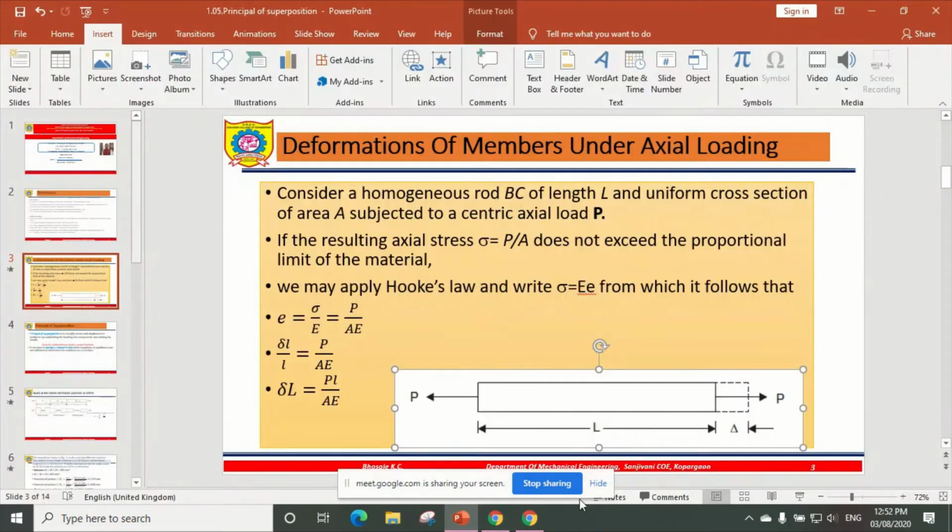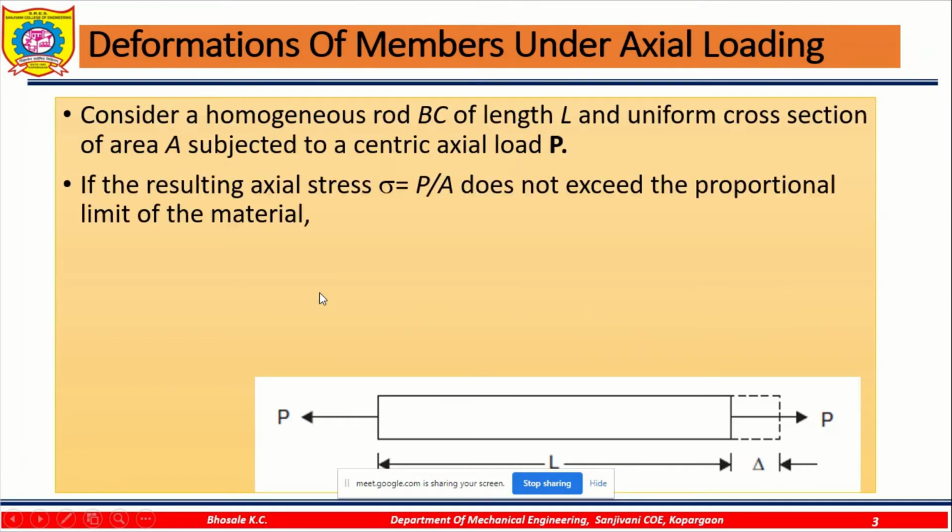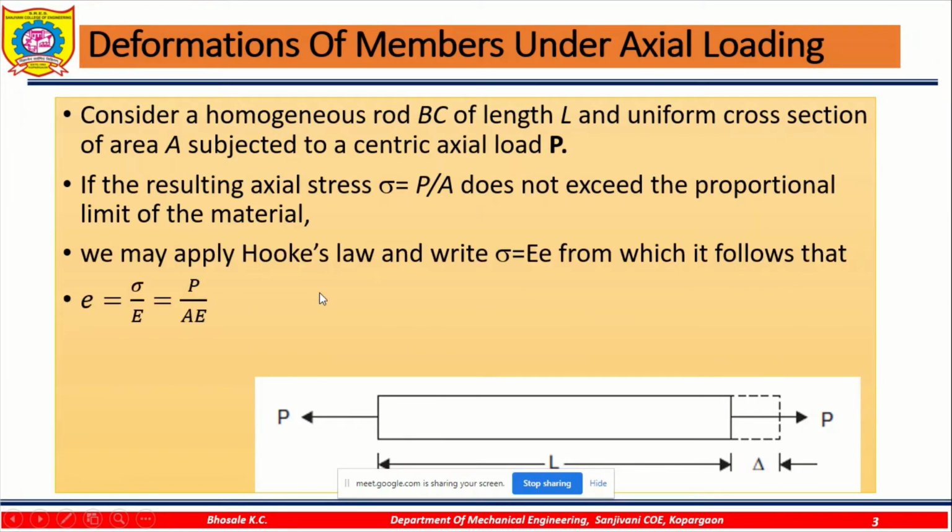So from this we can find out the deformation in the body. First one is stress, second is strain. Then delta L will be equal to P upon AE, so delta L will be equal to P into L upon A into E. P is the load applied, L is the length of that cross section, whatever cross section we consider, A is the area of that rod, and E is Young's modulus.